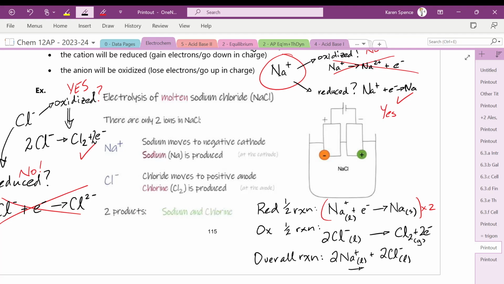Here goes chloride, here goes sodium. They're doing whatever they want to, yes? So that's why I would choose to write them separately. But it just depends what the question is asking. If it asks you for the ionic equation, then yes, write it as ions. If it just asks you to write the equation, then it's your choice whether you put them together or leave them apart. Yes? Okay.